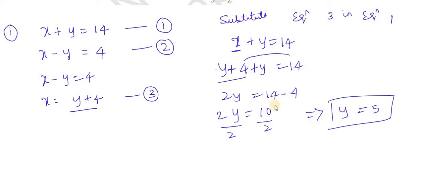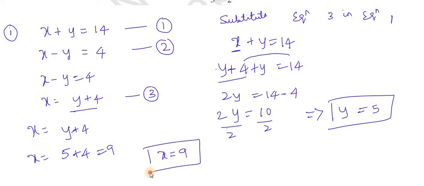Now substitute this 5 in equation 1, equation 2 or equation 3, wherever you want, to get the x value. I'm substituting in equation 3: x is equal to y plus 4. Therefore x is equal to 5 plus 4, which is equal to 9.